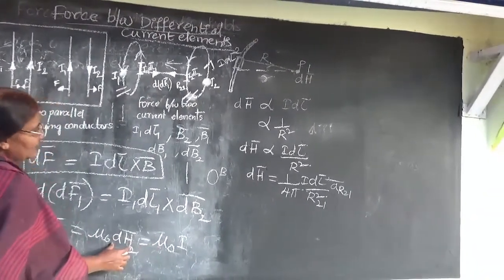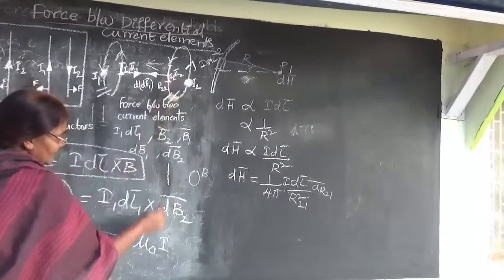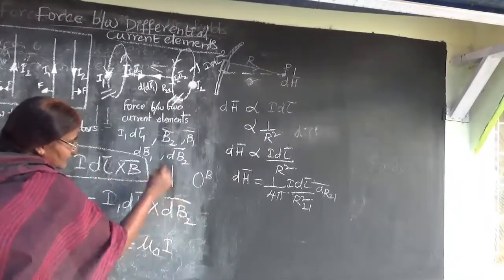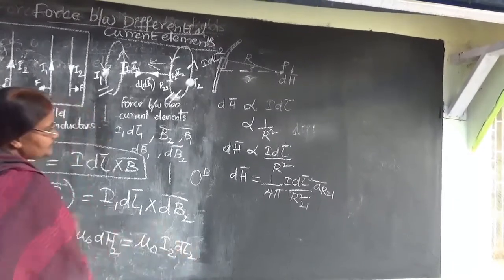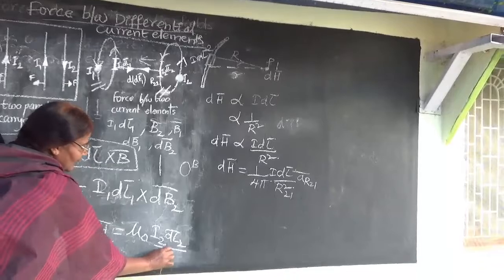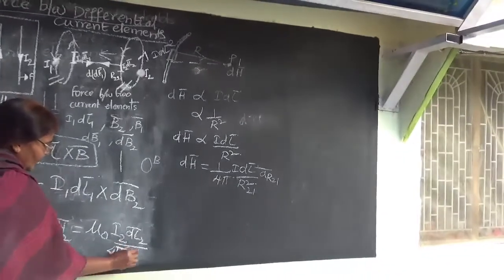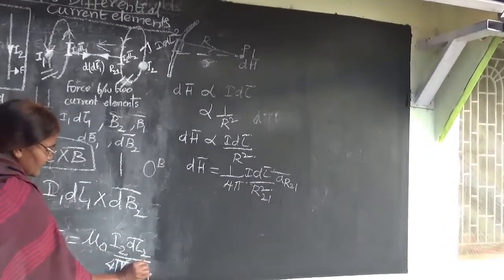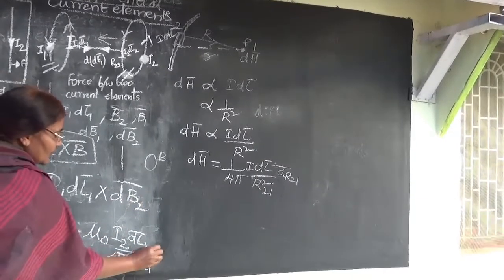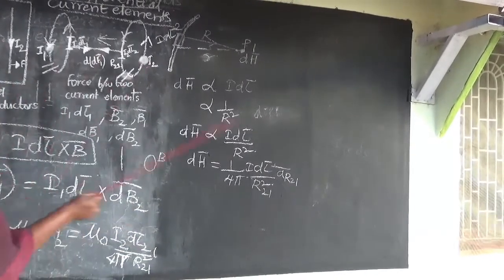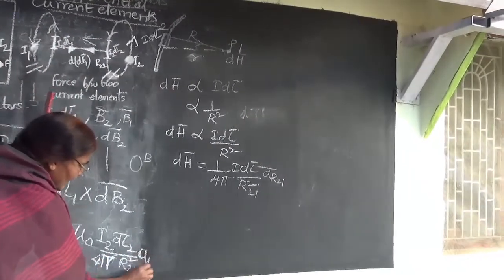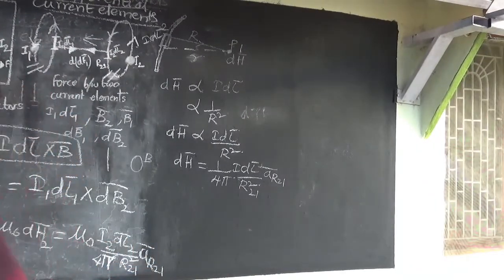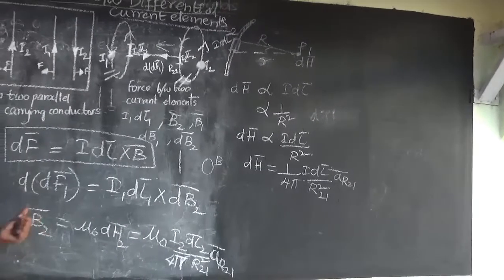So mu naught and dH2 bar is nothing but, you substitute this in this equation, I2 dL2 bar divided by 4 pi R21 square into unit vector, and this unit vector is from this second point to the first point, and this is aR21 bar. So this is the differential field dB2 bar.